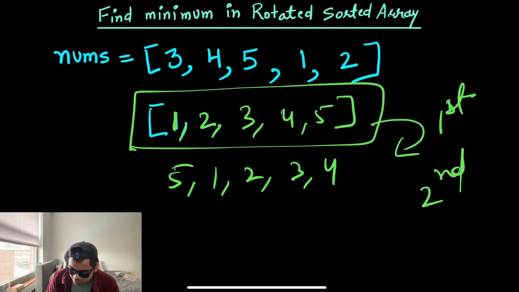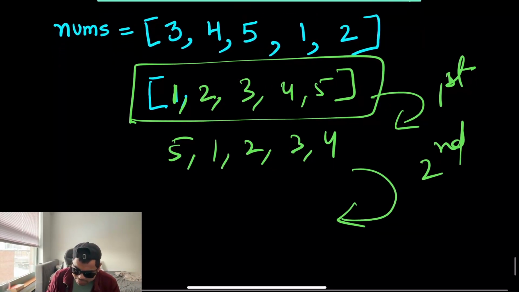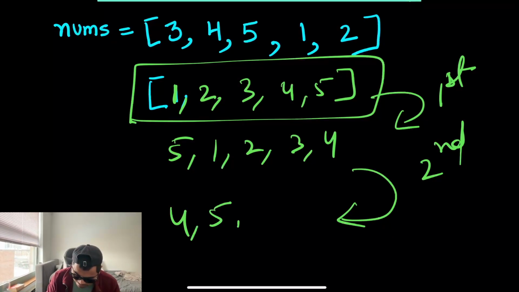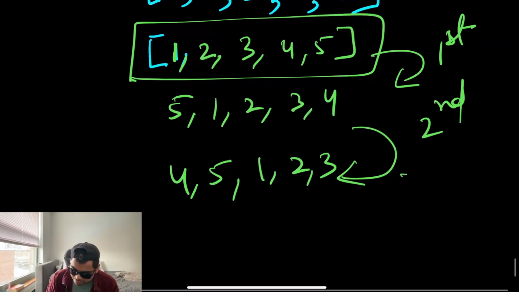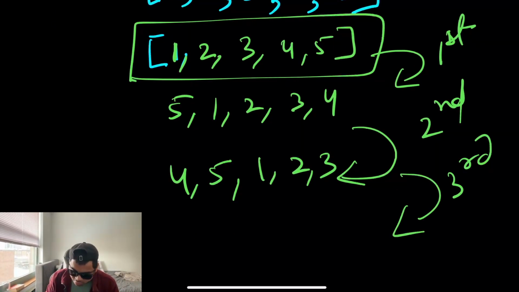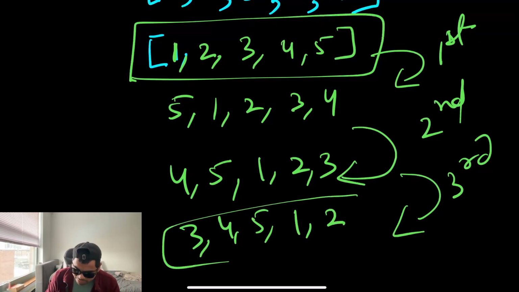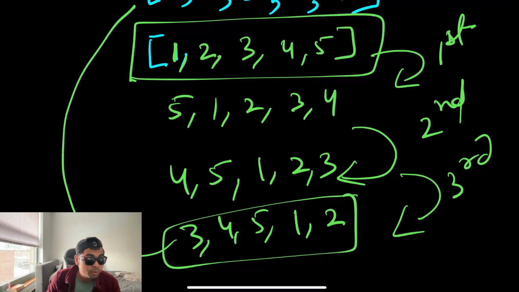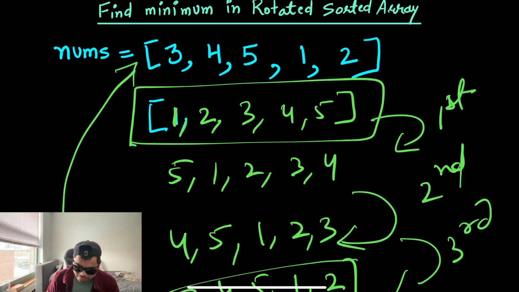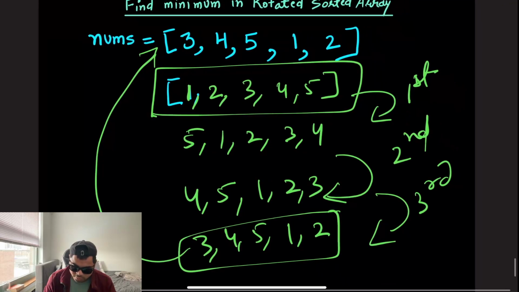Then the second rotation would make this 4, 5, 1, 2, and 3. And then the third rotation will make it 3, 4, 5, 1, and 2. And this is the array that's given to us over here, right? This is the array that's given to us over here.